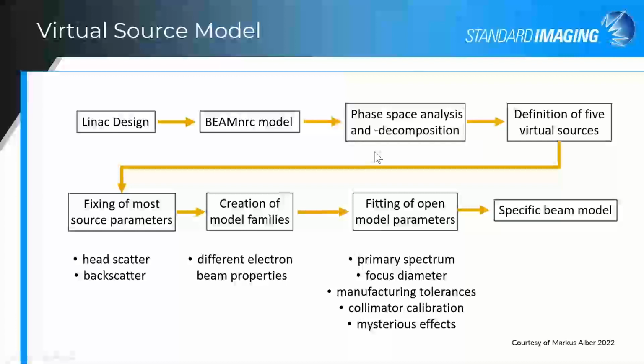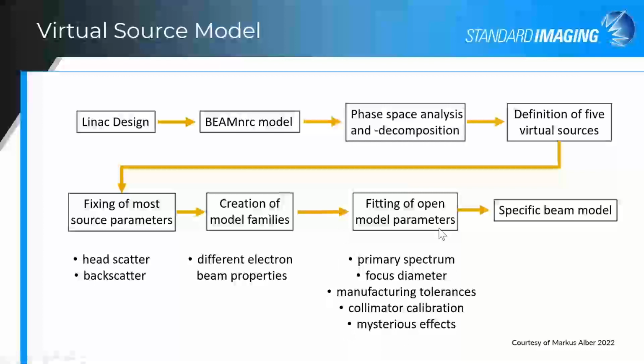And from that beam NRC model, you have to do some analysis of the phase space, and then define virtual sources. In this particular case, dependent on the LINAC type, if it's a CyberKnife, if it's an Elekta LINAC variant, you know, RadixAct, whichever LINAC, define the virtual sources required for that LINAC, and you fix most of those source parameters.